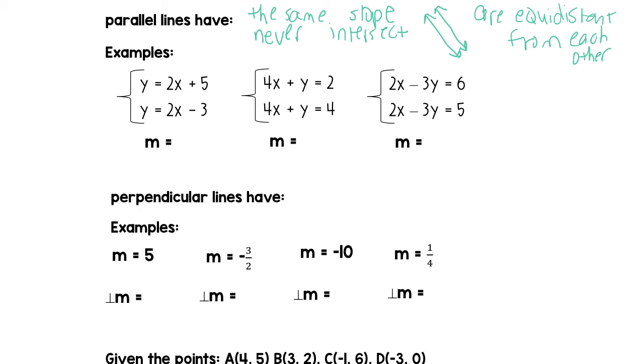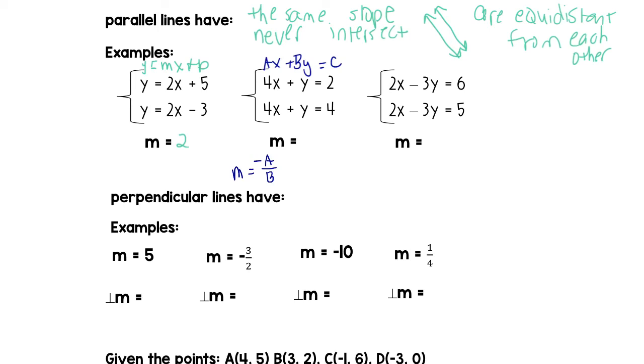First example, these are in slope-intercept form, y equals mx plus b. So we know that the slope is the number directly in front of x. So our slope is 2. In the second example, we have 4x plus y equals 2 and 4x plus y equals 4. Well, these are in standard form, ax plus by equals c. And if we want to find the slope in standard form, that's going to be negative a over b.